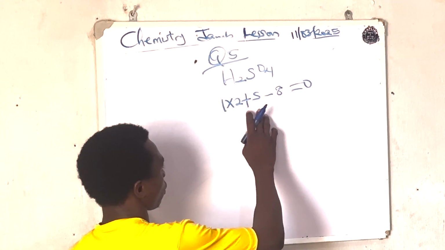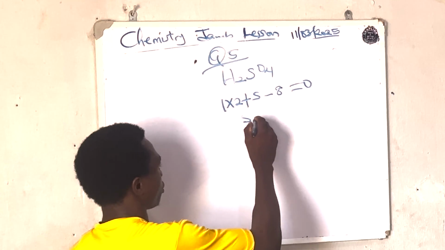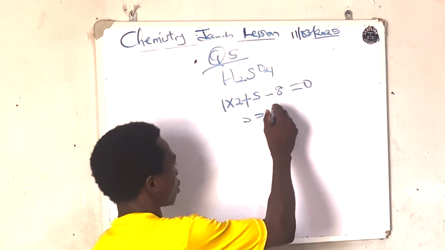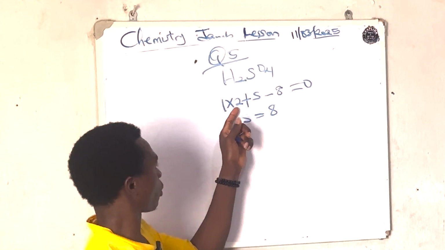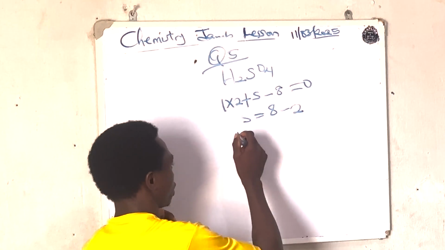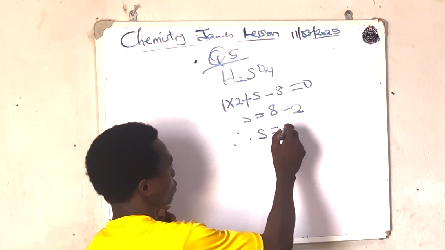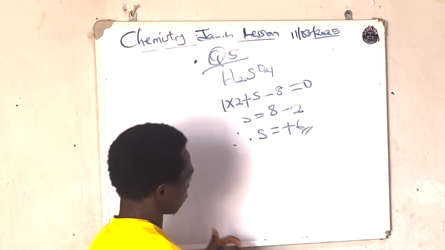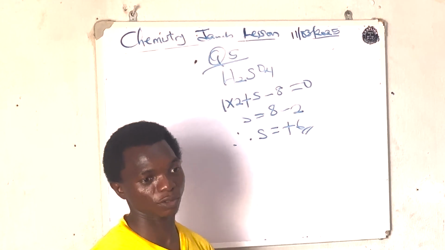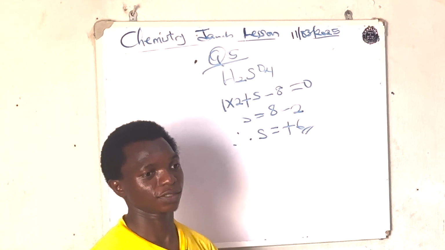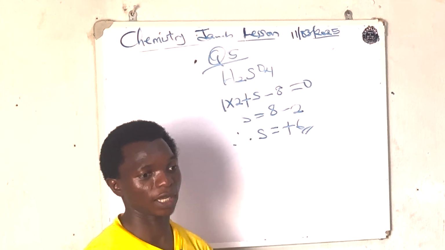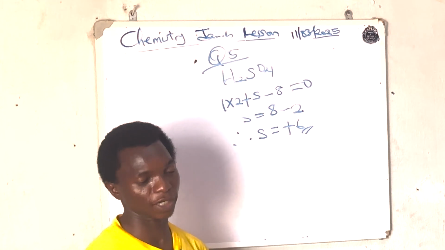Now, when we rearrange this, our sulfur will be equal to, taking -8 to the right, it gives us +8. The 2, because 2 times 1 is 2, when you take it to the right, turns to -2. Therefore, your sulfur is equal to +6. And as such, we call this compound tetraoxosulphate VI. Very simple. So that is how we find the oxidation number of an individual element in any given compound.